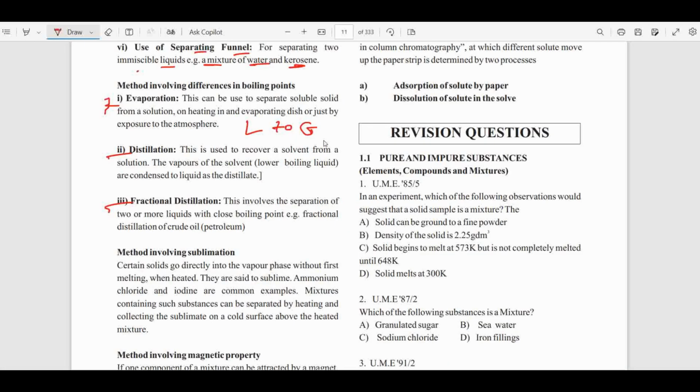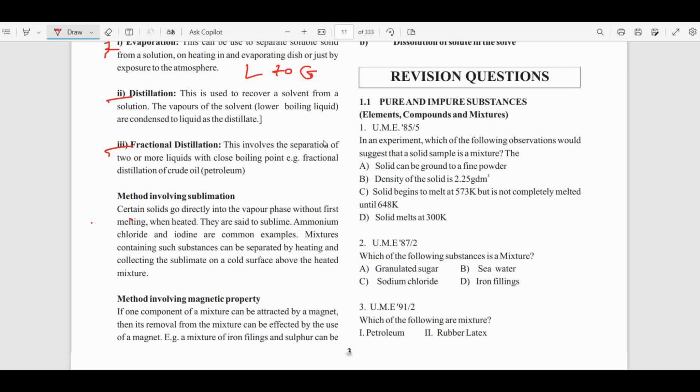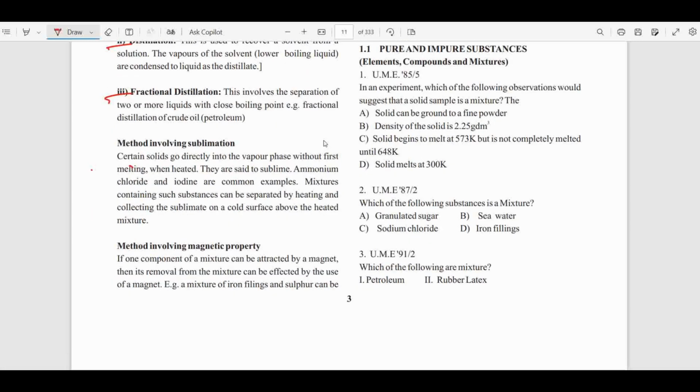Okay, before we go on to the last one, you have a method that involves sublimation. And what happens in sublimation, for example, if you have a compound that can sublime, that can change directly from solid to gas, and you have another compound, a mixture of this, you can take advantage of the process of sublimation.